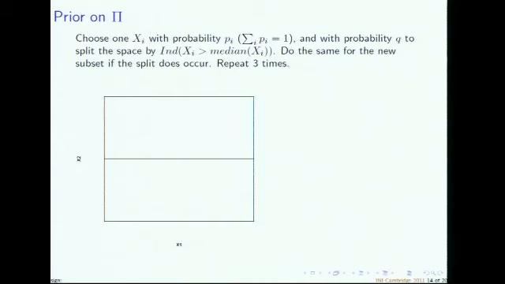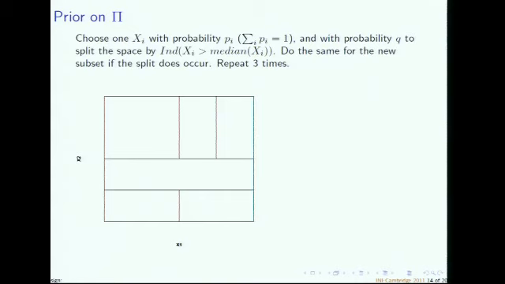With probability Pi, I pick a biomarker. With probability Q, I split it. In this subset, I picked X2 again, and I split it. In this subset, I picked X1, and I split X1 in the middle. Just keep doing this for the 3rd time, and this is what we get in the end.